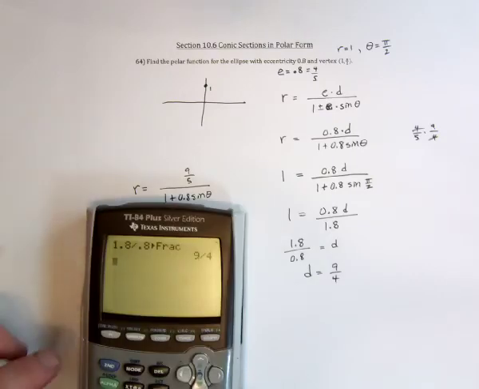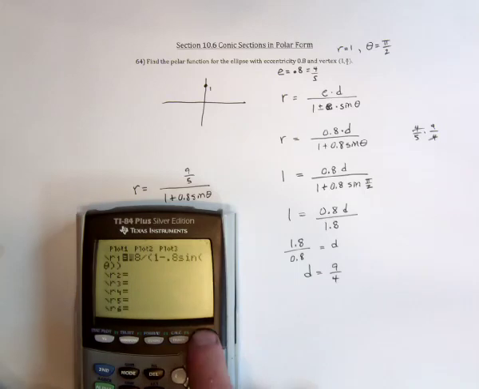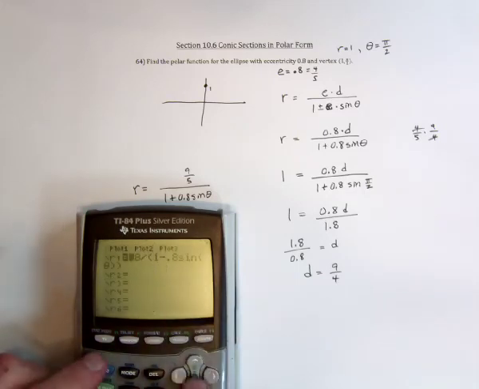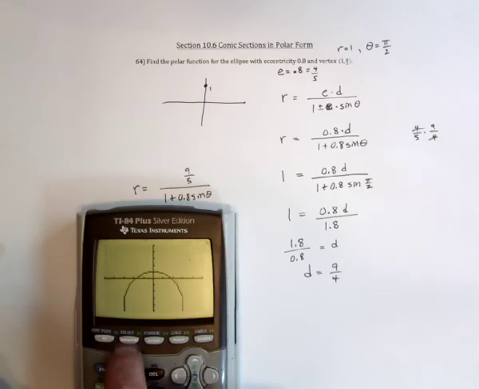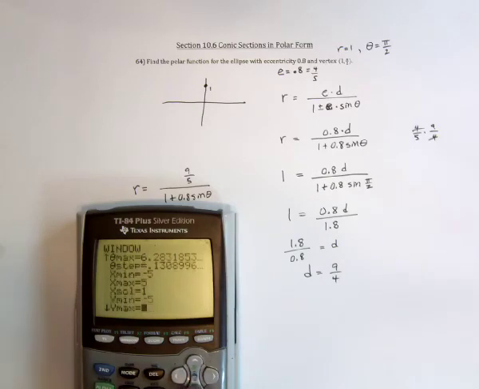Let's see. It was 1 minus. Or was that the one that's too tall? We need 1 plus. And we need to change this to 9 divided by 5. And then that looks good.